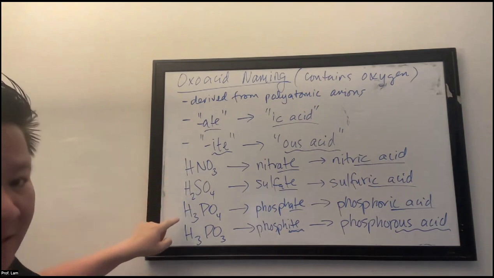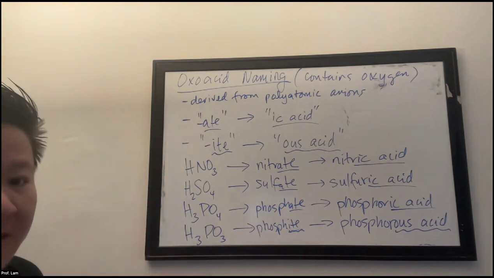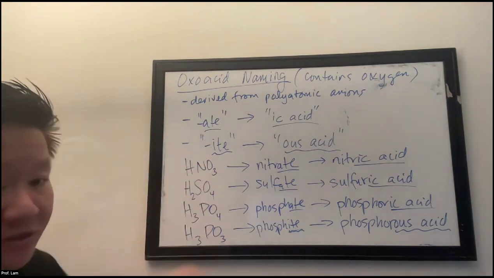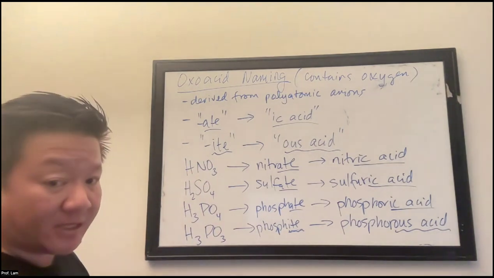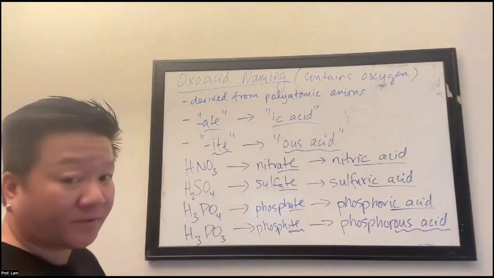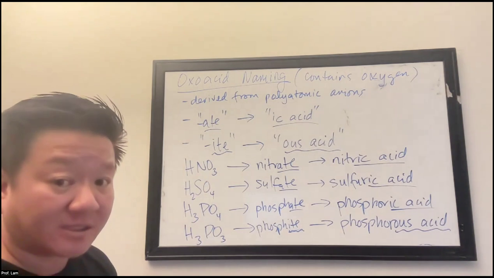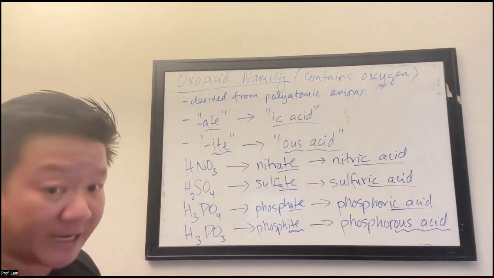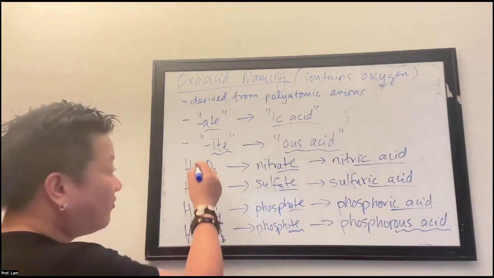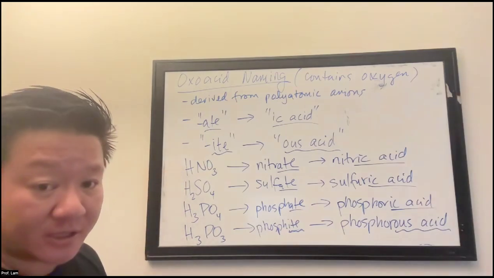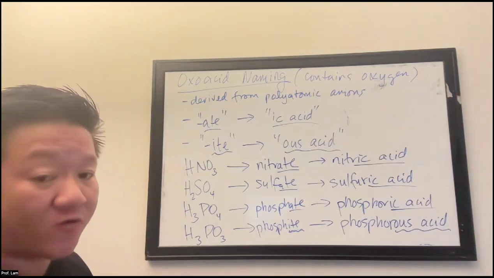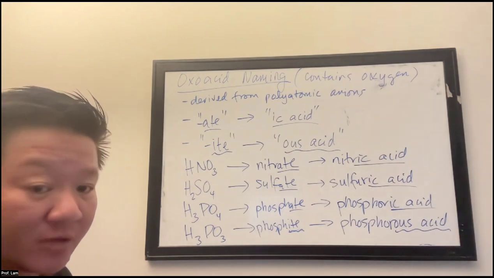And how many H in front is dependent on the charge of the polyatomic. So nitrate being 1 minus will only need 1 proton to balance it out, right? It still needs to be electrically neutral, right? All compounds. So if your nitrate is 1 minus, you're only going to have 1 proton. So your chemical formula for the acid is just HNO3.